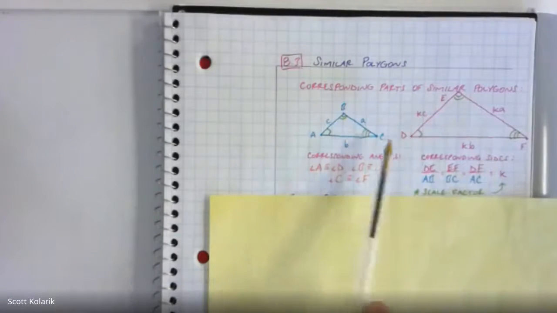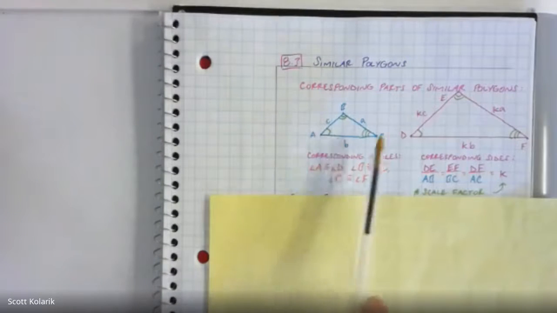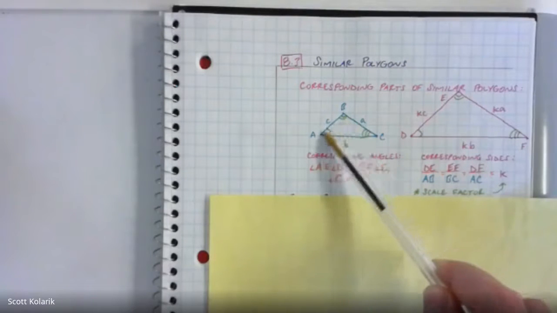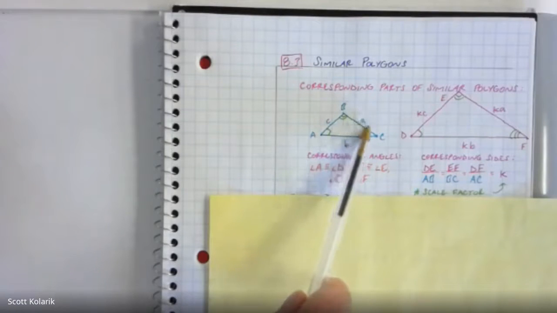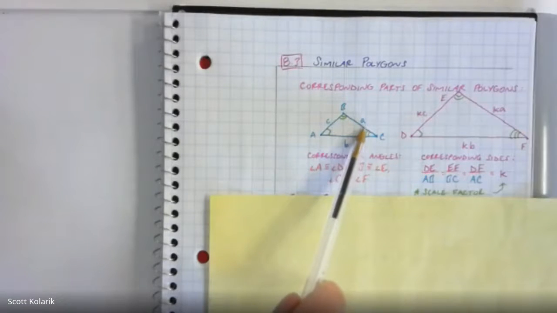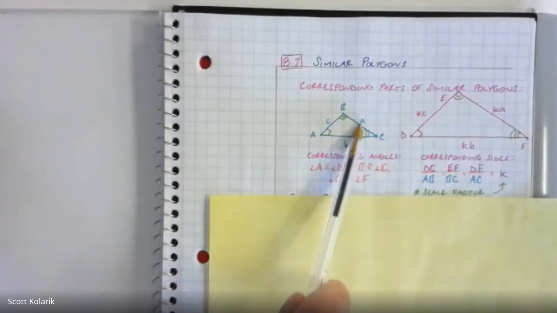So what makes this dilation a magnification of this original triangle is the fact that I've taken each of these side lengths, as shown here by these lowercase letters. So for instance, B to C here, we'll call it side A. Side A, if I want to magnify it to this larger triangle, I would multiply it by some scale factor.